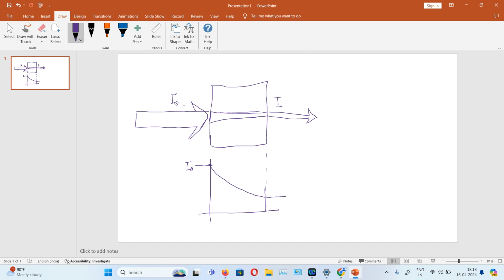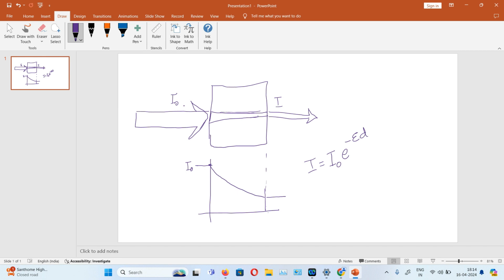Okay, and this is governed by Beer-Lambert's law, which says that I is equal to I naught e raised to minus epsilon d.